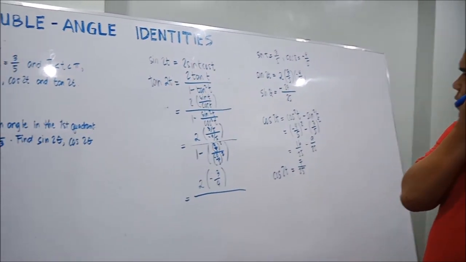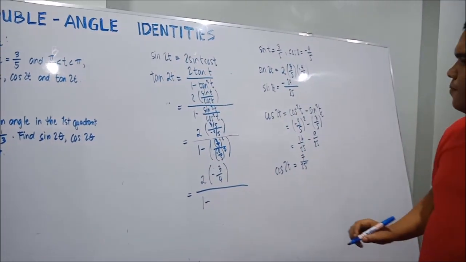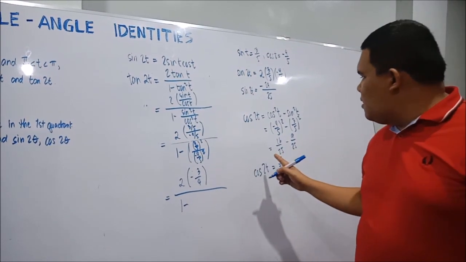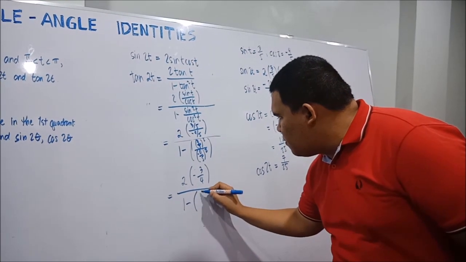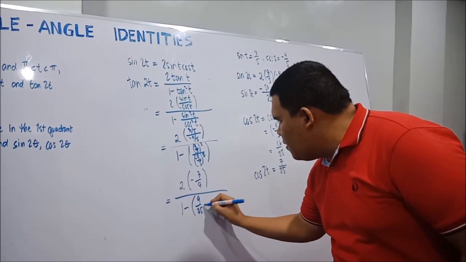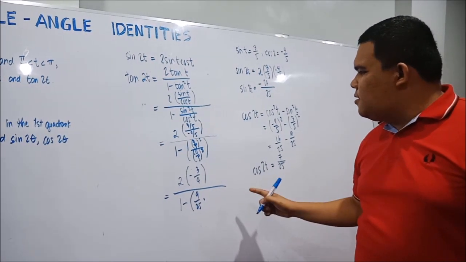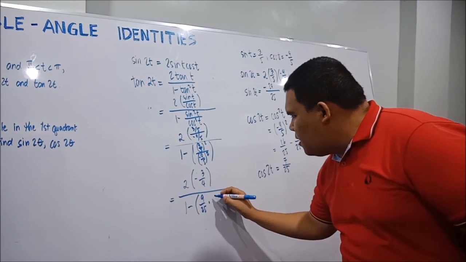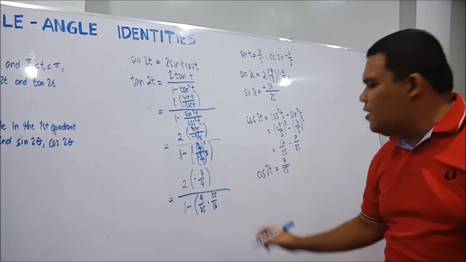For the denominator, 3 over 5 squared is 9 over 25, divided by 4 over 5 squared, that is 16 over 25, or we can take the reciprocal directly, 25 over 16, since we have a division here.